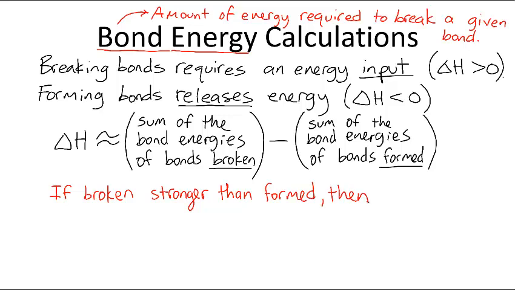What does it tell me about the delta H value if the bonds broken are stronger than the bonds formed? If I break stronger bonds and I form weaker bonds, delta H will be positive. And if I break weak bonds and replace them with stronger bonds, delta H will be negative.